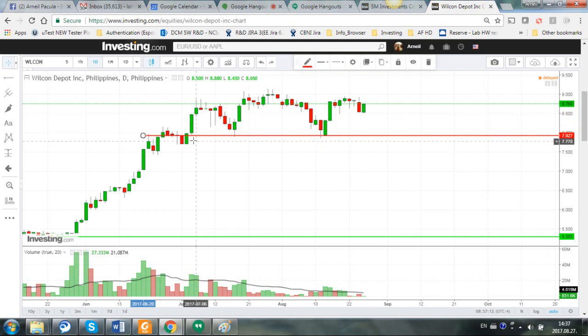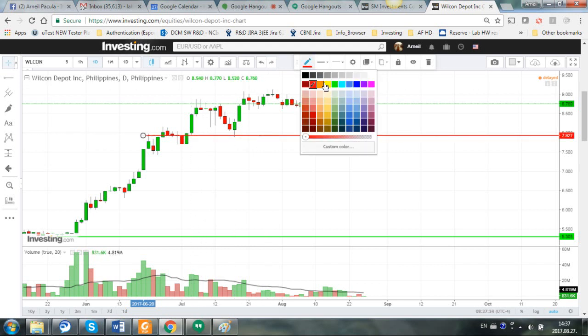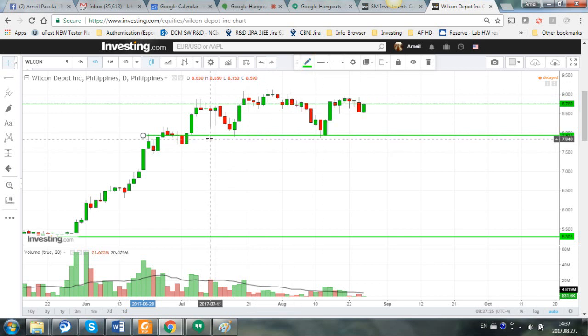So, in that case, we can consider this already as a breakout. But later on, tumaas yung price, nag-flattened at this point, then bumaba. Then, nagkaroon ulit ng isa pang candlestick. And in that case, this is now our new support. Kasi this point and that point are common. So, magiging new support na yan. Okay?